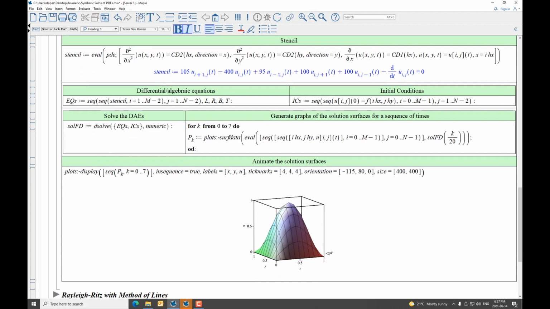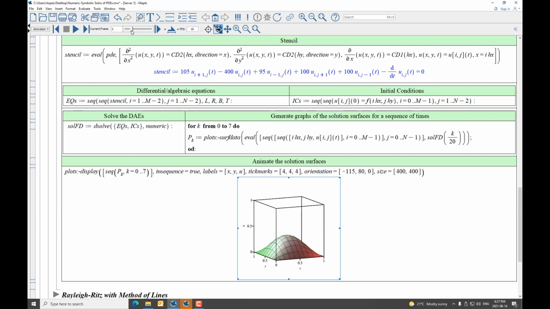There's the solution surface. It's an animation because the t variable progresses, and you can see it's not terribly smooth with a 10 by 10 grid, and the surface does what it's supposed to. The temperature goes to 0 across the surface.